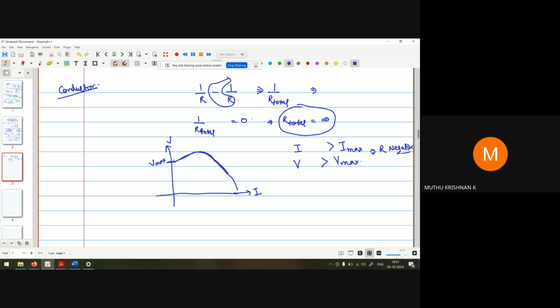What is the effect of temperature? As I increase the temperature, the conductivity decreases and the resistance increases. But when I start increasing the temperature, somehow initially the conductivity increases, and if I increase beyond this, the conductivity starts decreasing.